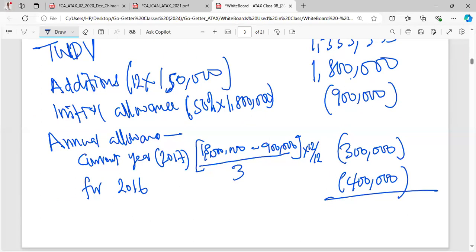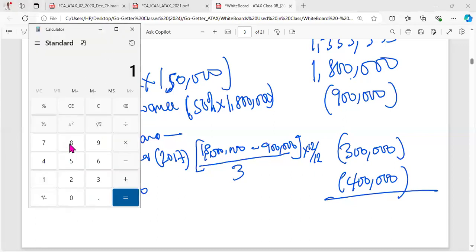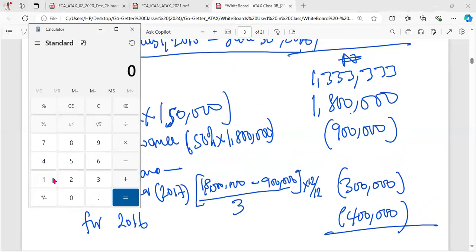So what happens now is you will get your tax written down value. The tax written down value will now be 1,333,333. That's the tax written down value at the beginning, plus 1,800,000, now minus 900,000, minus 300,000, minus 400,000.